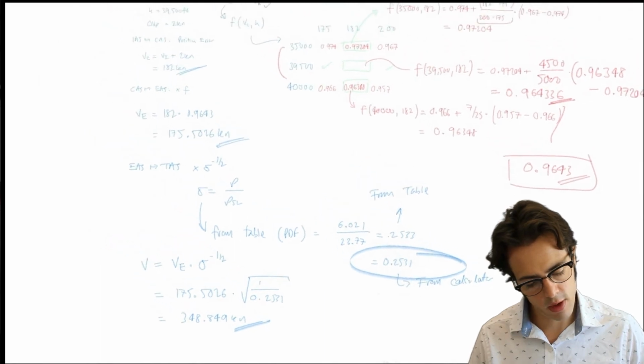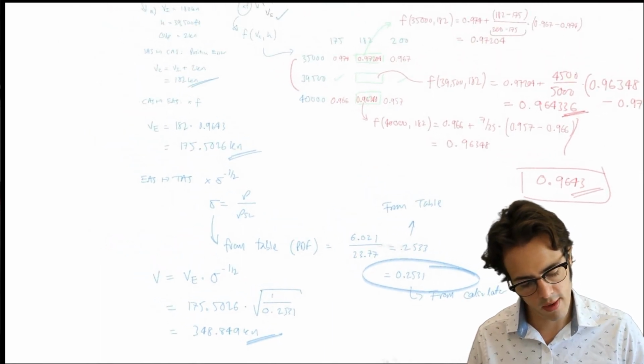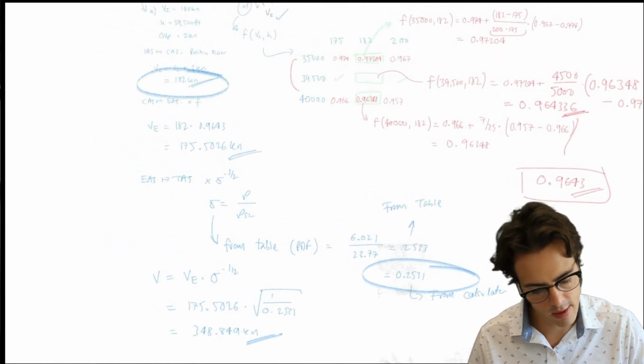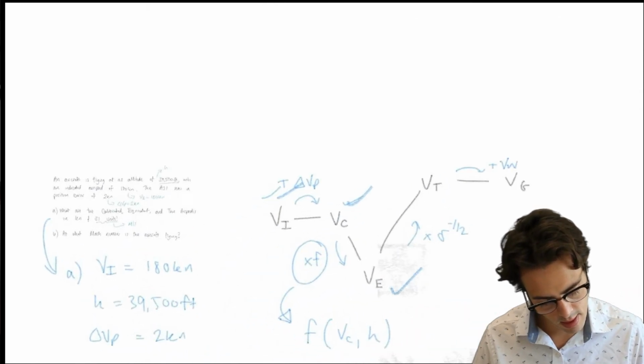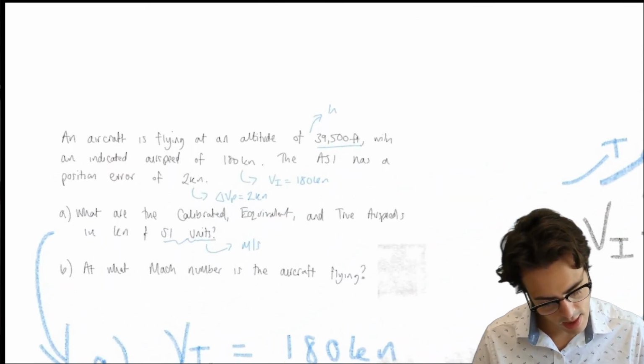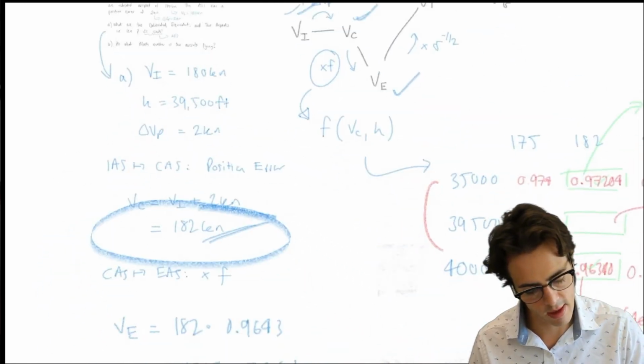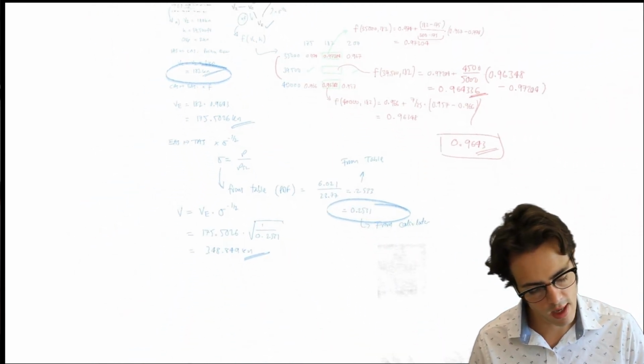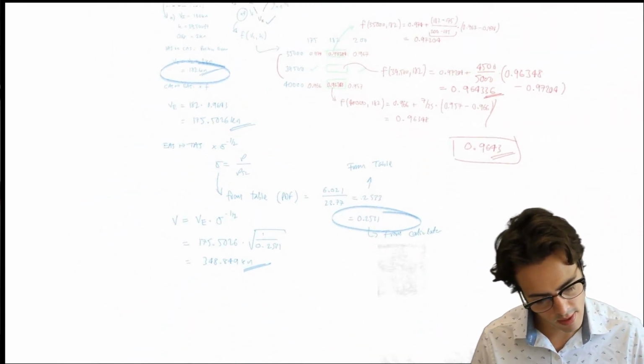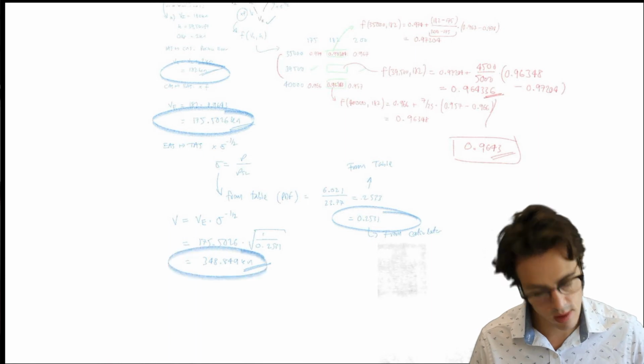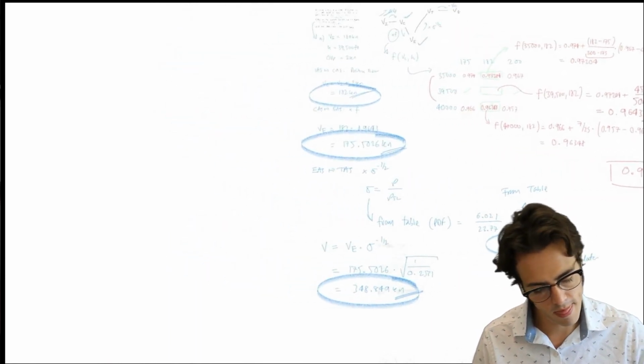So we've now got the things that we were asked to calculate. We were asked to calculate, in the first step, the calibrated, equivalent and true airspeeds in knots and SI units. So we've got those here. Let's summarize these.